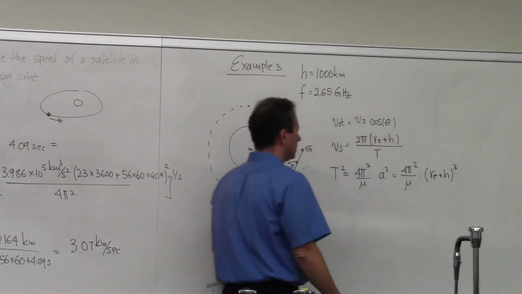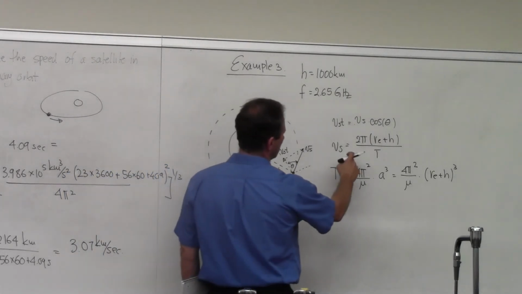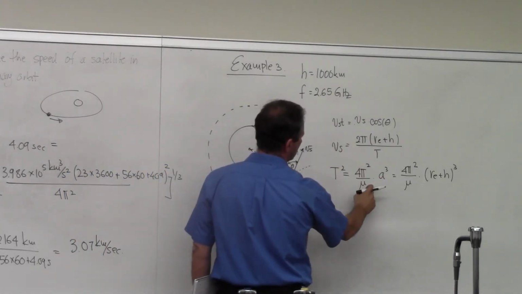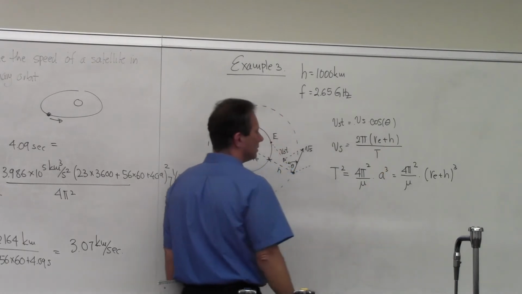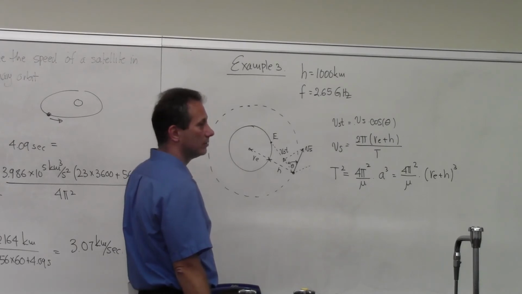So that's from the third chapter as well. If you look at here, I can easily substitute T in here and get everything in terms of the constants and in terms of the radius of the Earth and the altitude of the satellite.